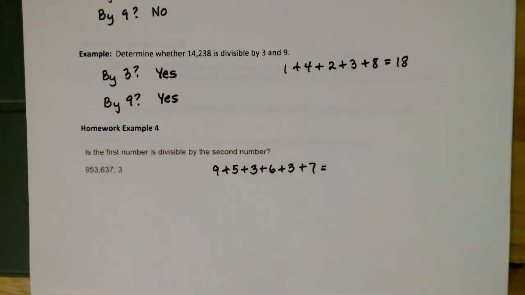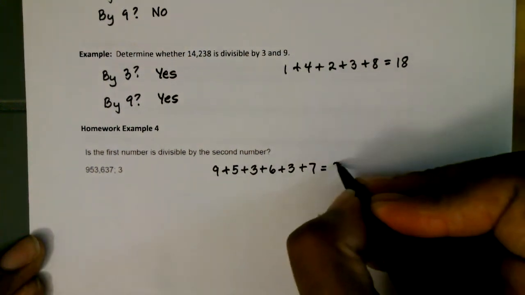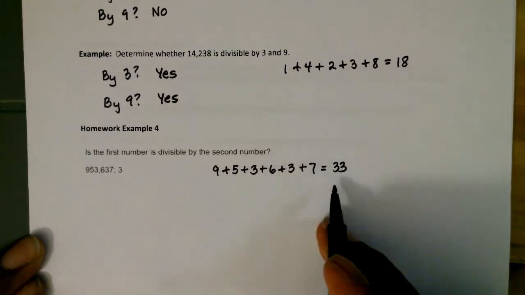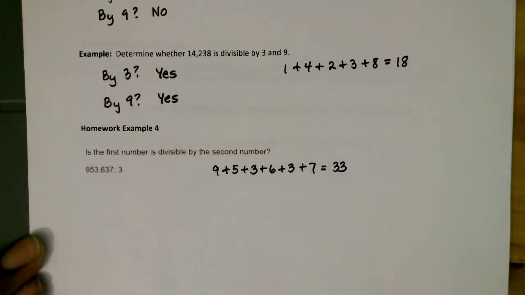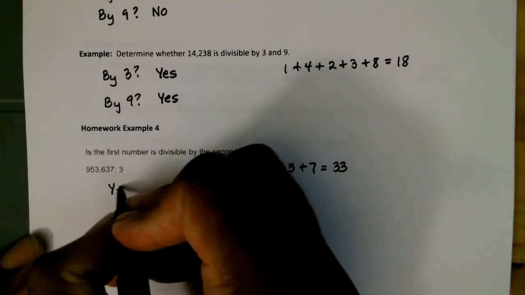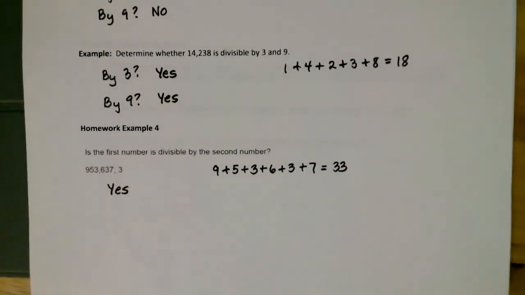So in this case, if I do 9 plus 5 plus 3 plus 6 plus 3 plus 7, I'll get 33. And 33 is divisible by 3. So that means 953,637 is divisible by 3.